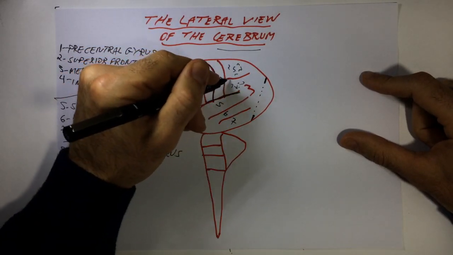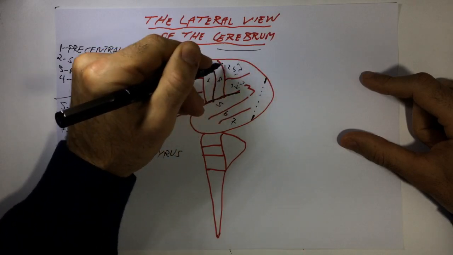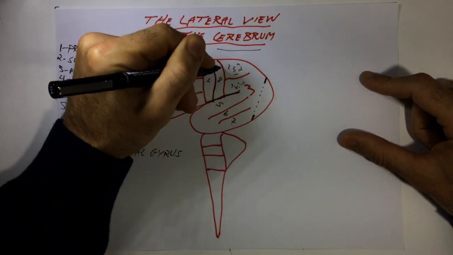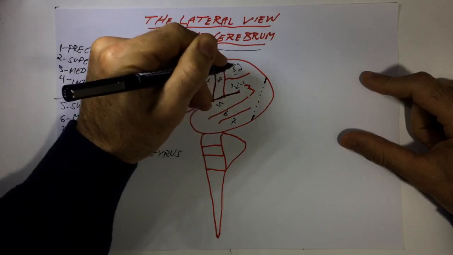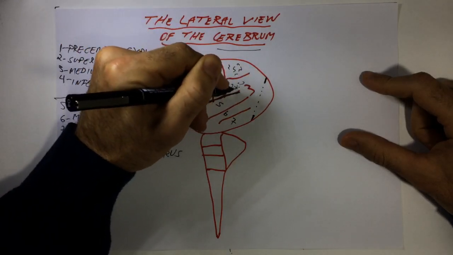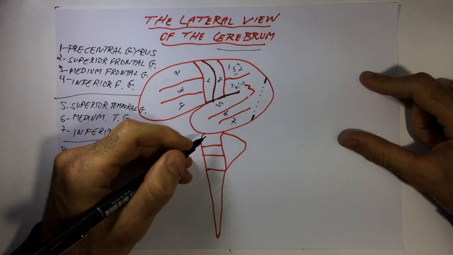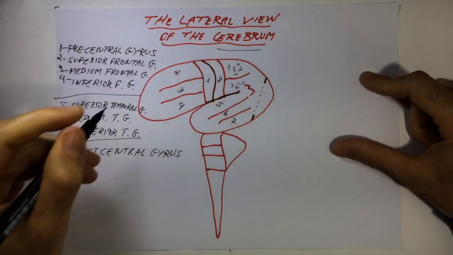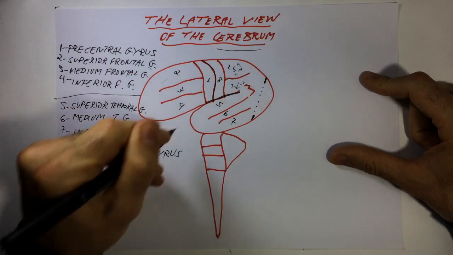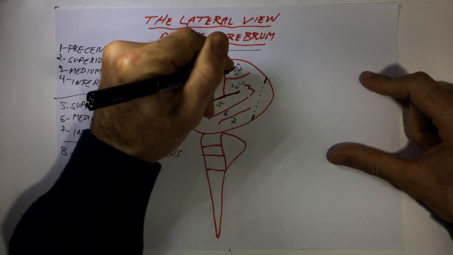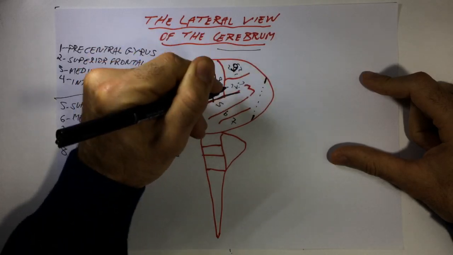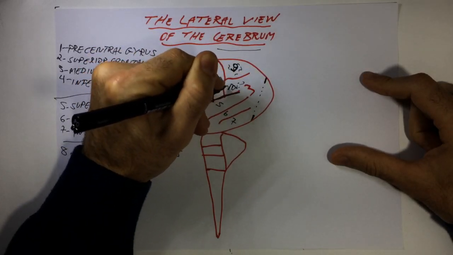So instead of calling everything here a gyrus, because that wouldn't make any sense, because actually this part is composed of a lot of gyri. In here we have a lot of gyri as well. We call this part here a lobule. So this part here is going to be 9, everything, and down here 10.